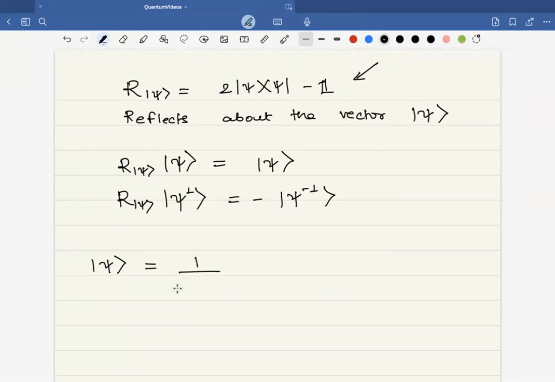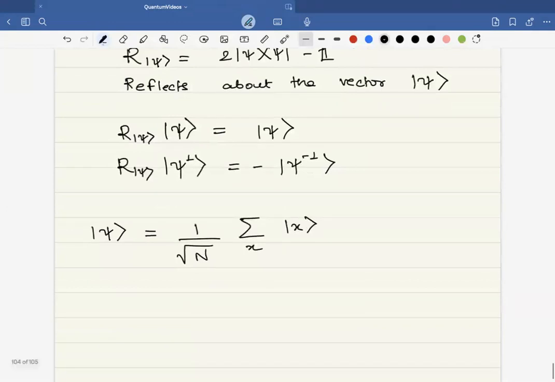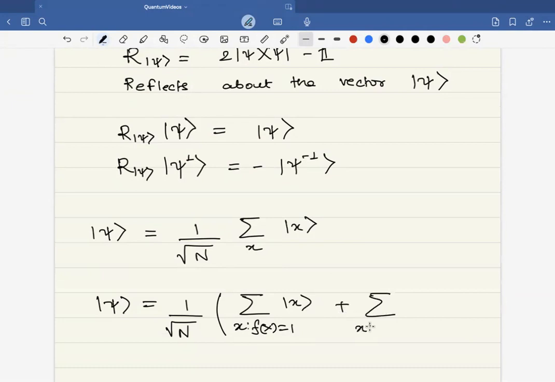It is this summation over x. And I can rewrite this as psi is equal to 1 over square root of n, and then summation over x such that f of x is equal to 1 of x, plus summation over x such that f of x is equal to 0 of x.